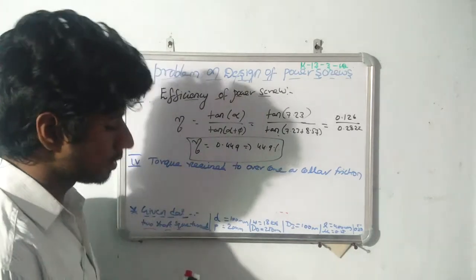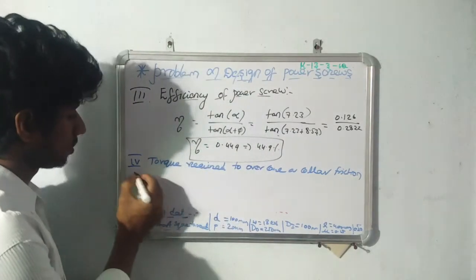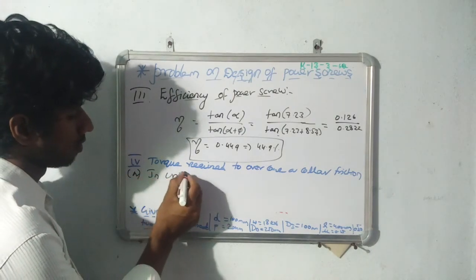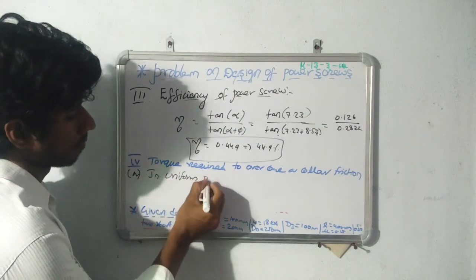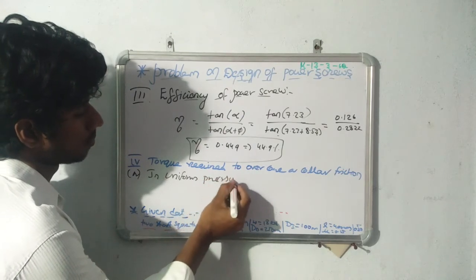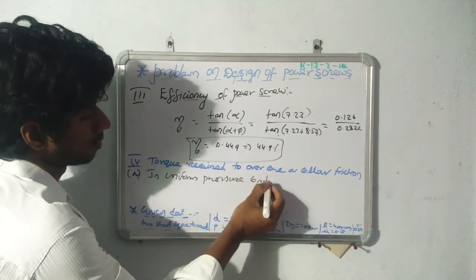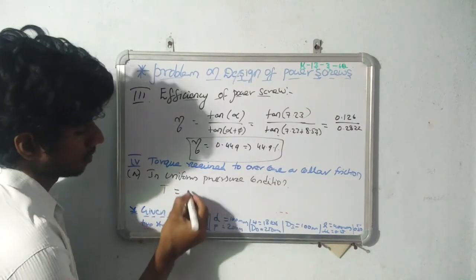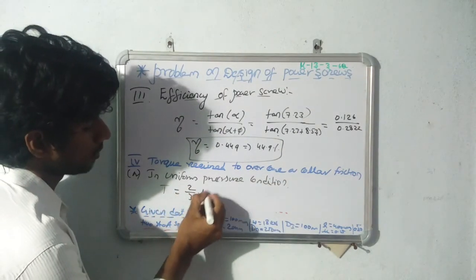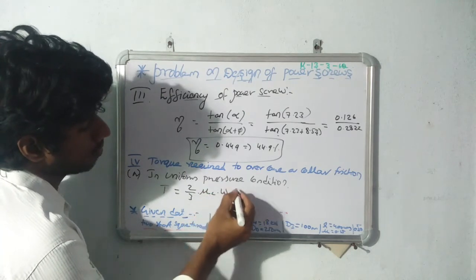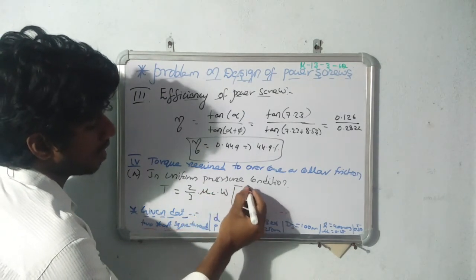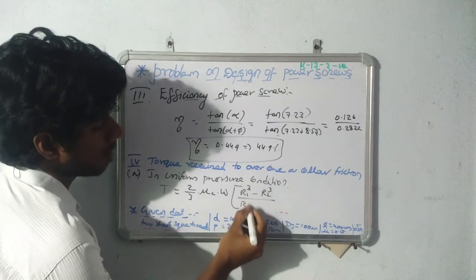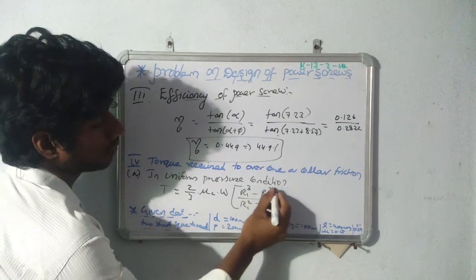We already discussed that it is derived in two forms. First one is in the uniform pressure condition, T equals 2 by 3 into mu c into W, R1 cube minus R2 cube by R1 square minus R2 square.